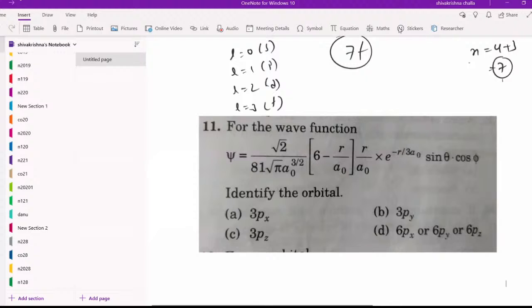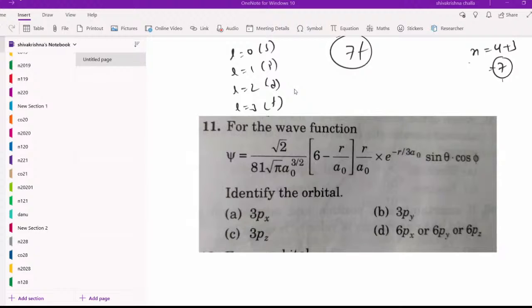Yes, Sai Shankar. Divit Reddy. Sir, how do we know that it's 7F, sir?